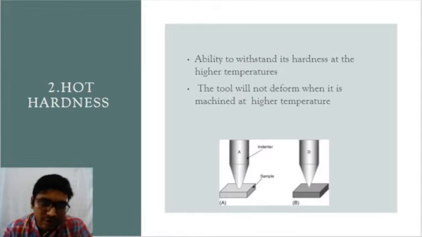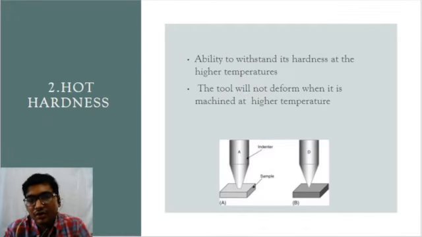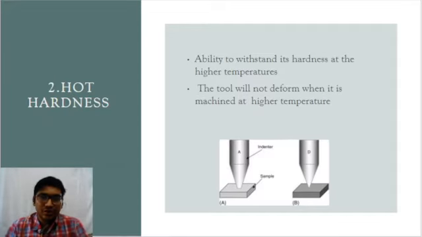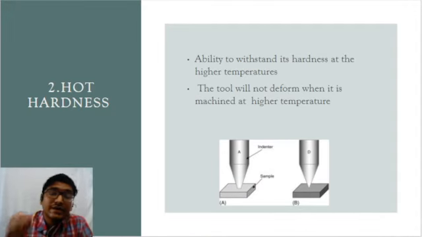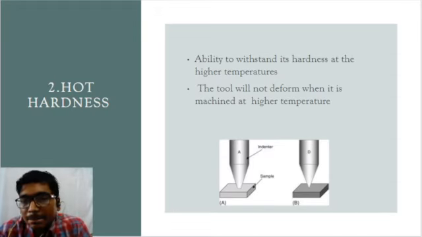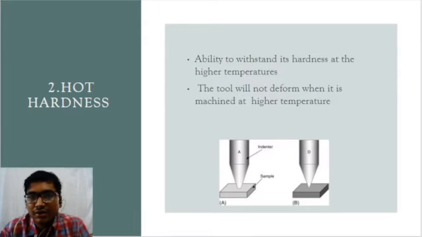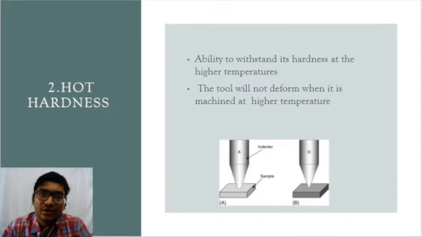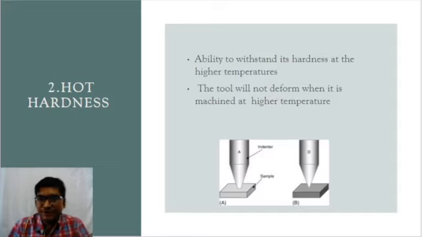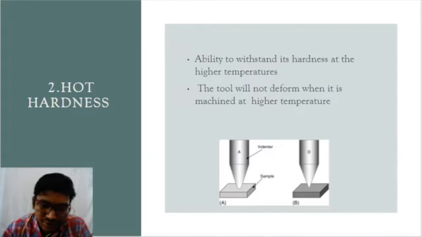And the next property we are going to see is hot hardness. As we saw previously, hardness is the resistance to deformation and so on. Hot hardness is the ability to withstand that hardness at higher or elevated temperature. When we are doing machining, the temperature increases due to the interaction between the tool material and the work material.